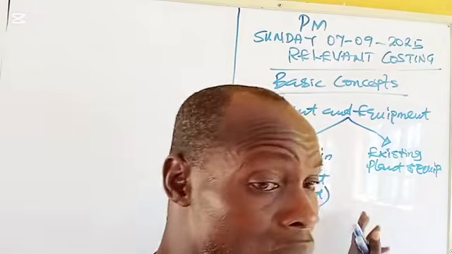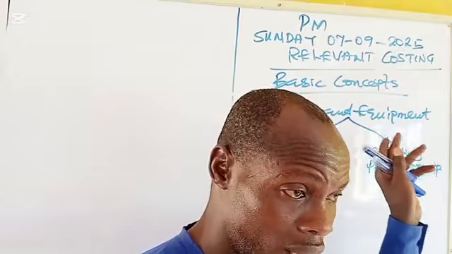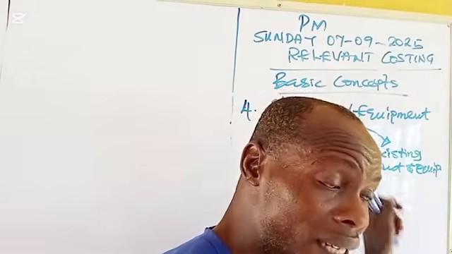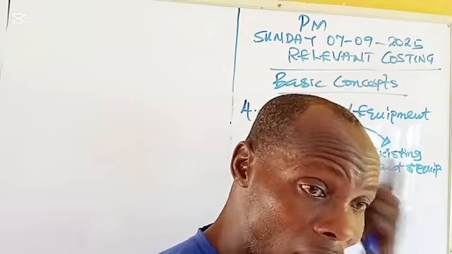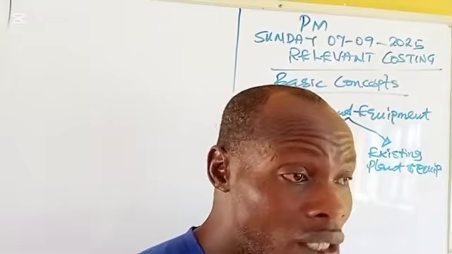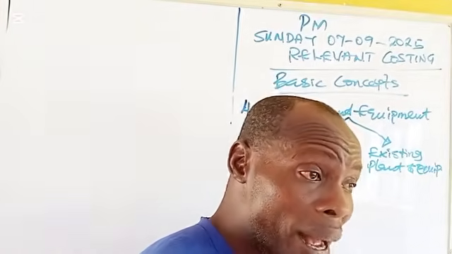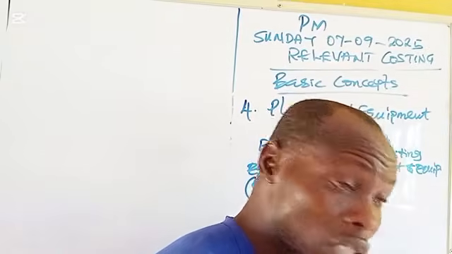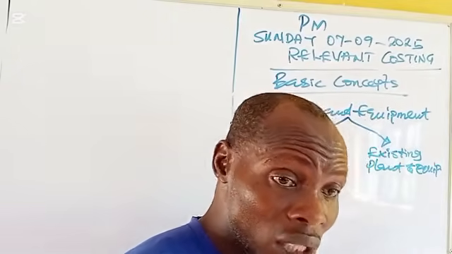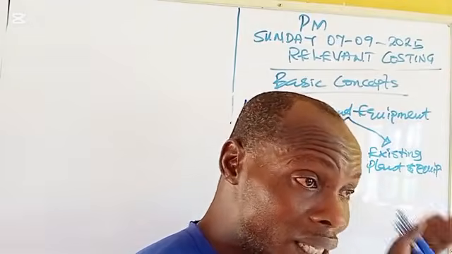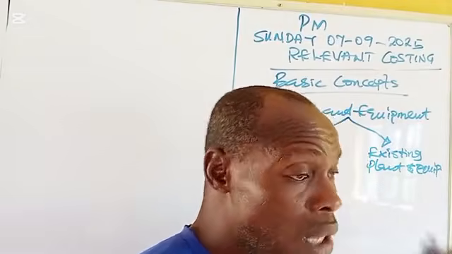So, I will say relevant costs are future costs. That means the cost price of the existing plant and equipment is a past cost and not relevant. The net book value is also a past cost, and it follows accounting principles, which is not a cash flow. You know, it is cost less accumulated depreciation. The net book value of the existing plant and equipment is also not relevant.